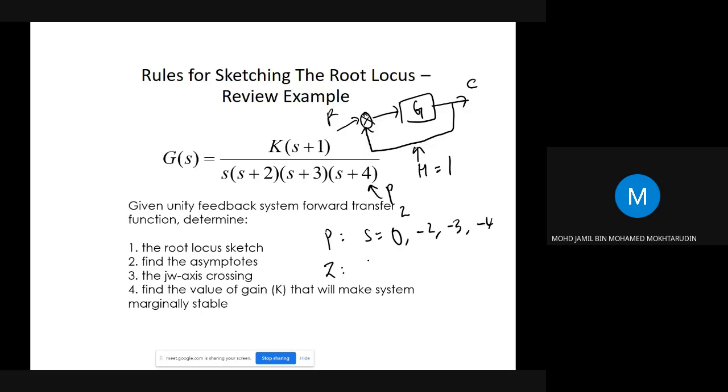And the zero is minus 1. So we have 4 poles and 1 zero. So you are going to expect there are 4 branches because you have 4 poles. And here you only have 1 zero, so you need to add 3 more zeros at infinity, to make sure that the number of poles and zeros are the same.